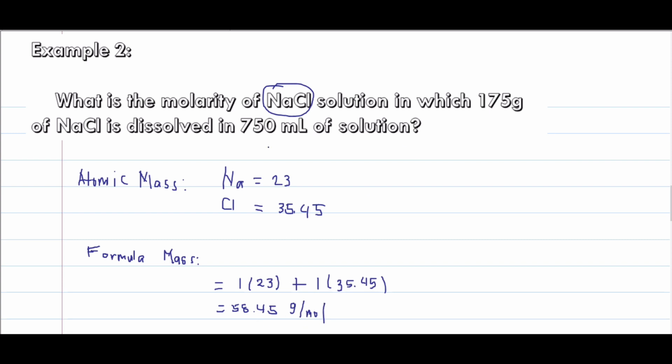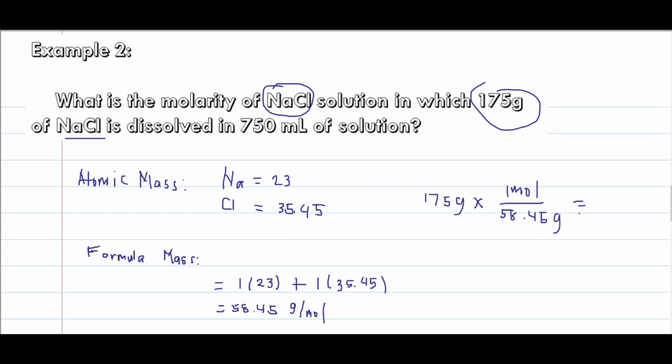Again, in NaCl, or sodium chloride, we have 175 grams. We can find the equivalent in moles through this given 175 grams. Therefore, 175 grams times 1 mole over 58.45 grams.